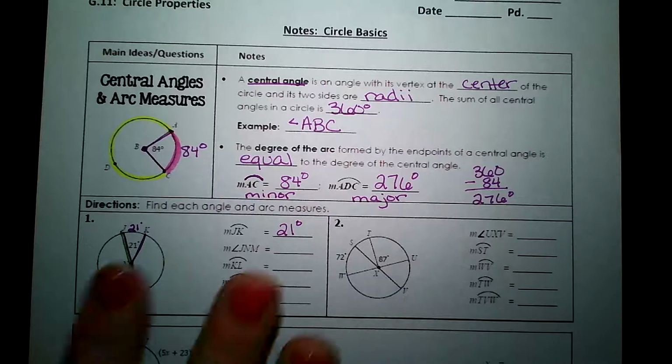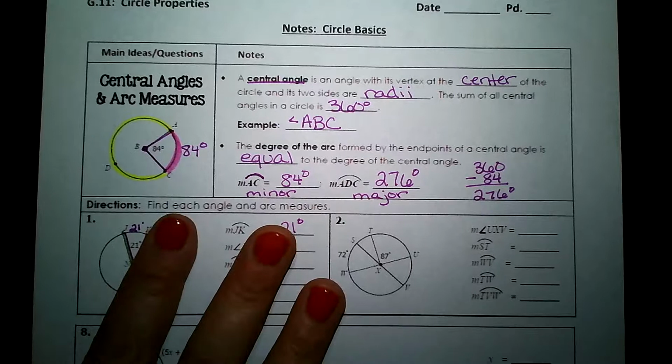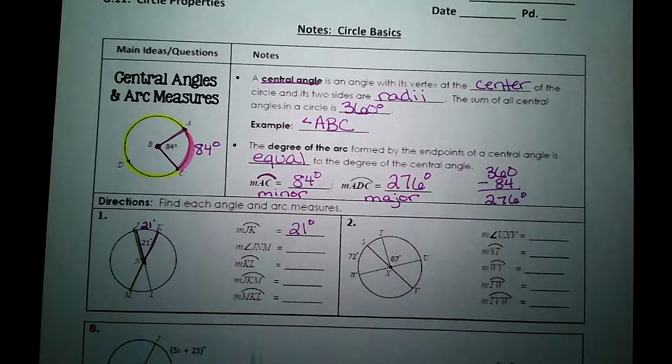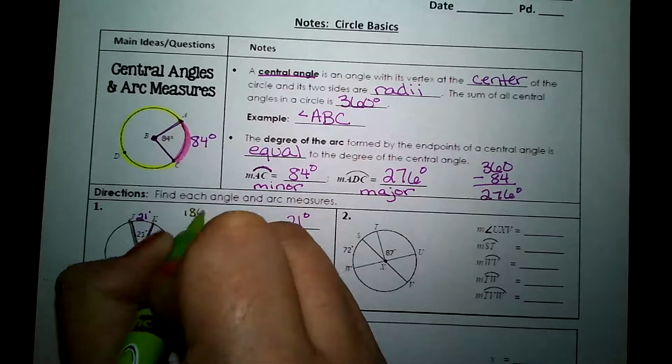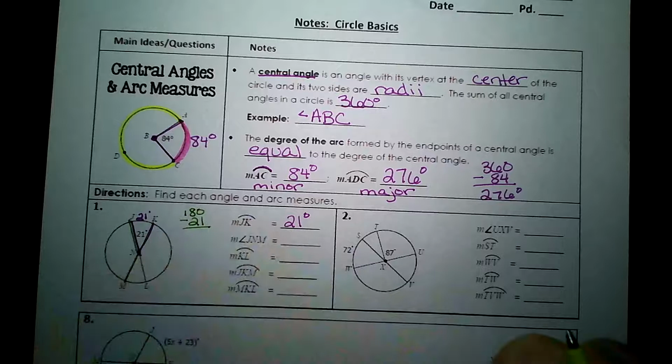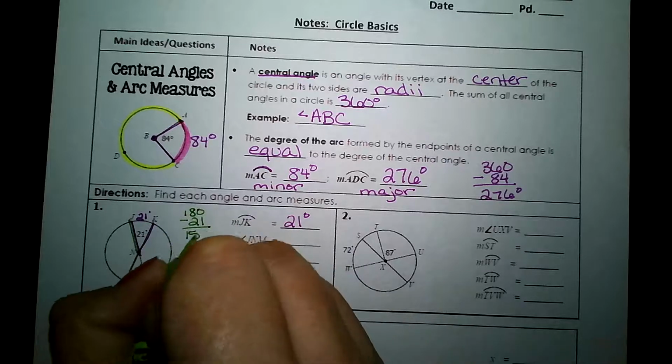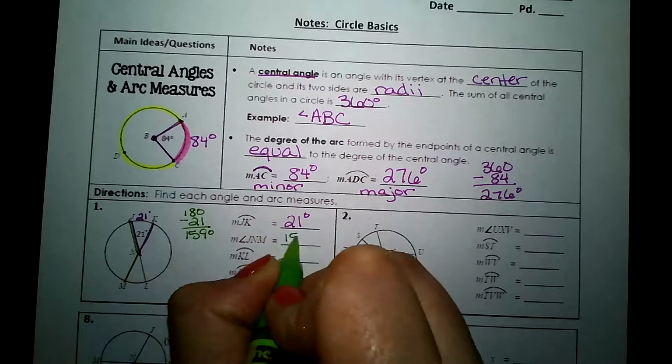In fact, if you cover up half the picture, you only have half of a circle, and we know half of a circle is 180 degrees, just like a linear pair sums up to 180 degrees. So to find angle JNM, we can start with 180 degrees and subtract off the 21. That's going to leave us with 159 degrees.